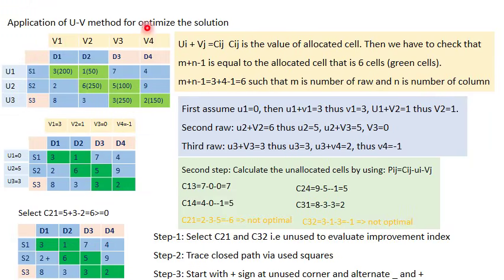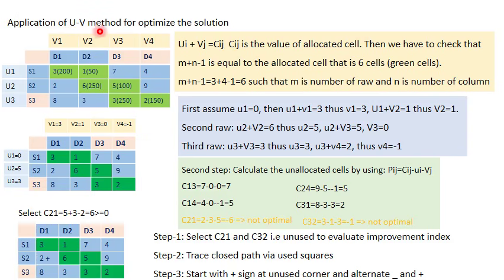Application of the UV method for optimizing the solution. As you see, these are the corresponding costs and this is the value. We have already calculated the initial basic feasible solution.